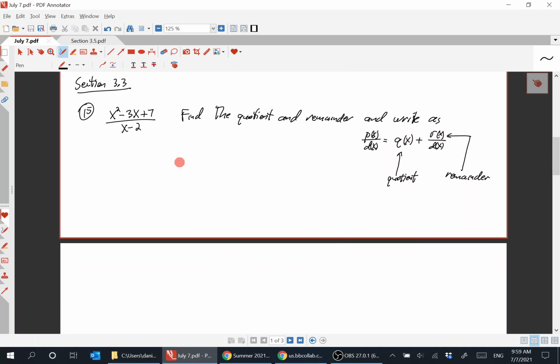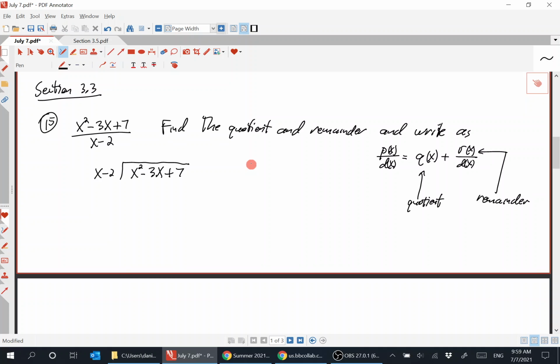All right, so we're dividing x squared minus 3x plus 7 by x minus 2. Step 1, first iteration of the division process.